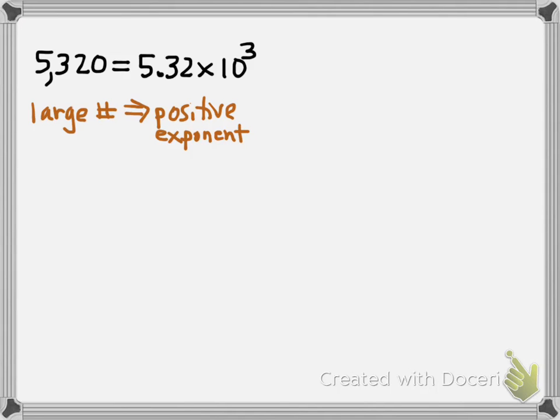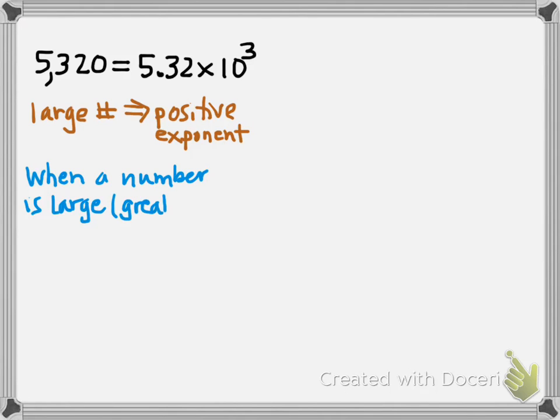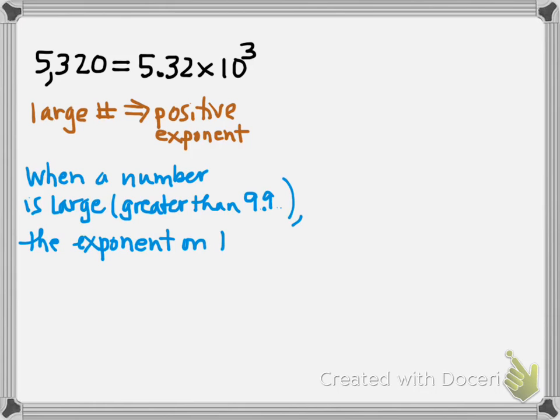So, in words, when a number is large, and we could say greater than 10, or greater than actually 9.99..., the exponent on the base of 10 is positive.